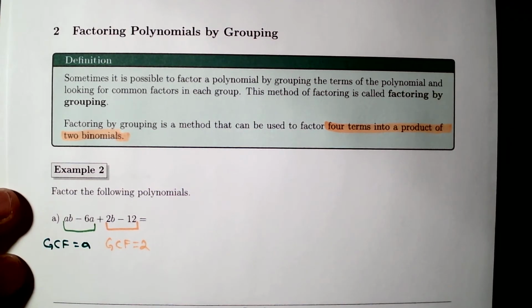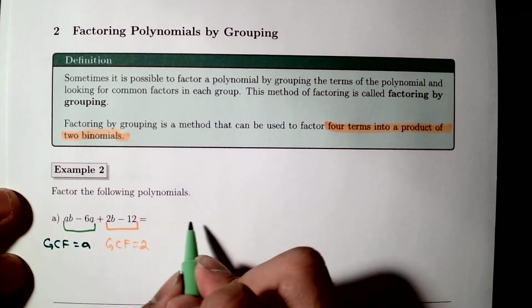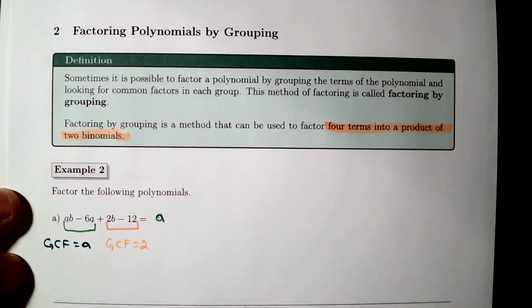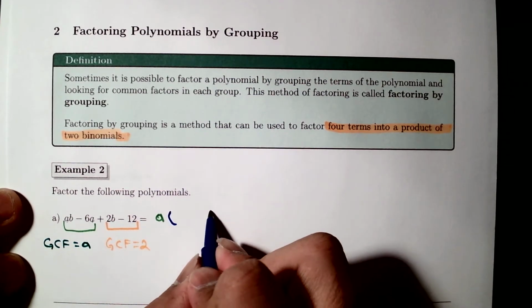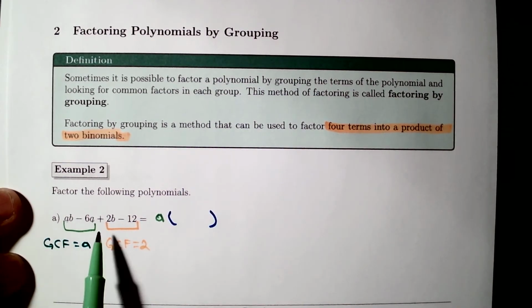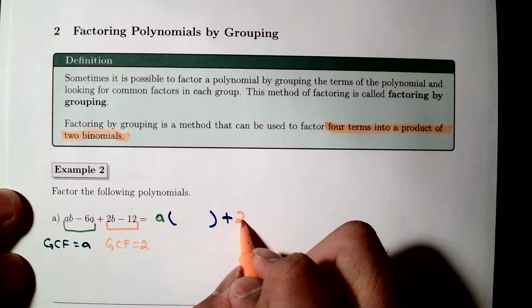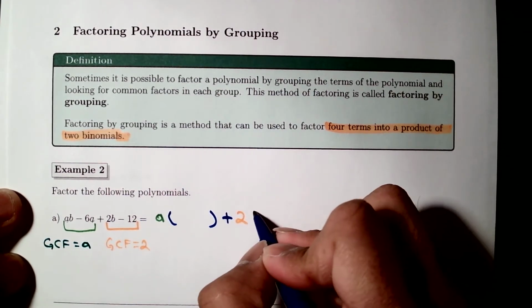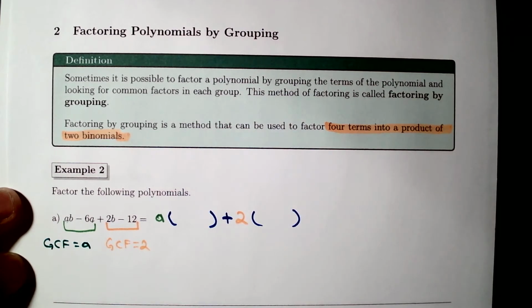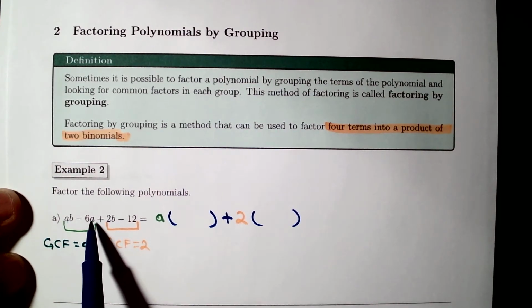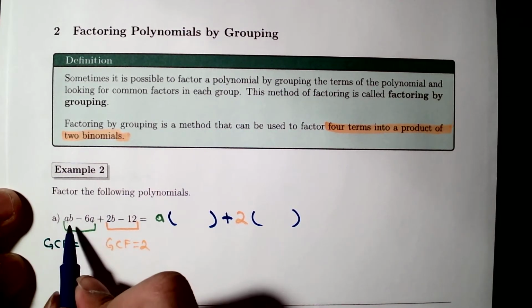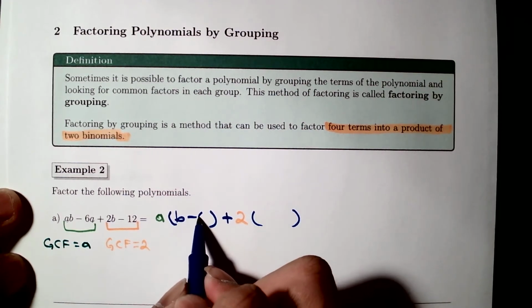So that's going to be a times what, plus the GCF, which is 2, times what. So in this case, if I factor out the a, I will be left with b minus 6.